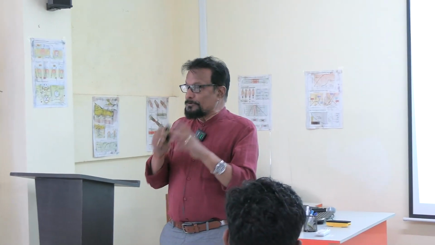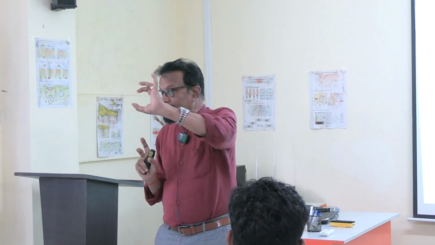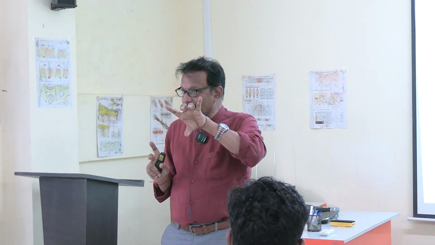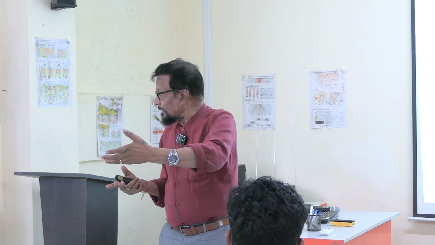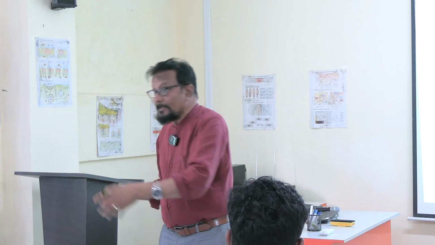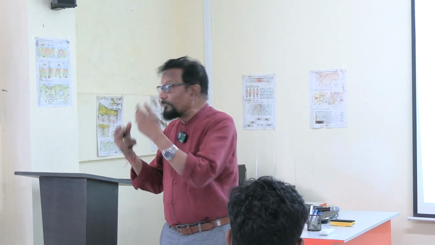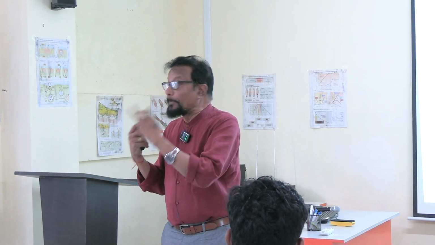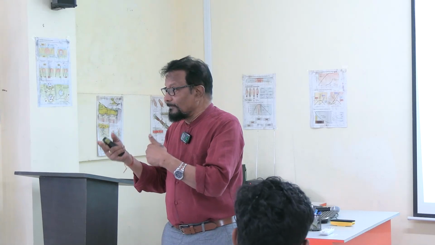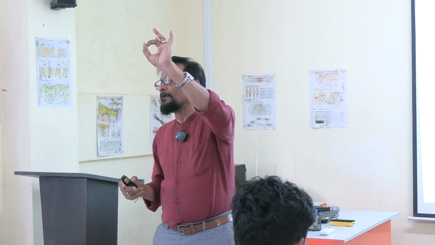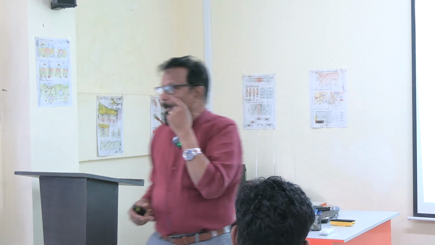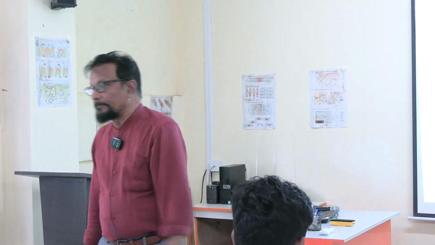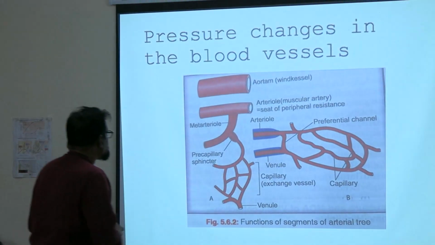It will be producing smaller arteries: aorta, then smaller artery, then arterioles, then metarterioles, then capillary, then venule, then vein, and then the superior or inferior vena cava, and it will end in the right atrium. Okay, so you can see what these are.